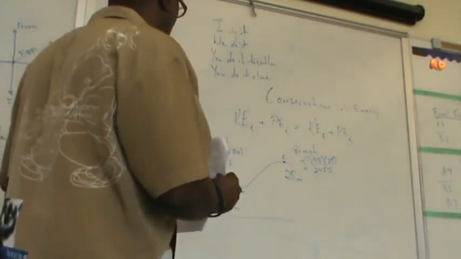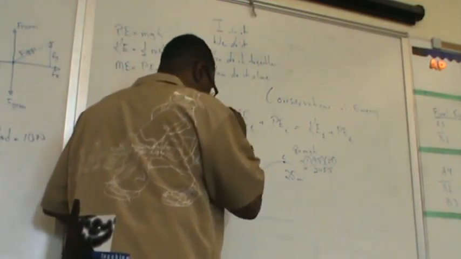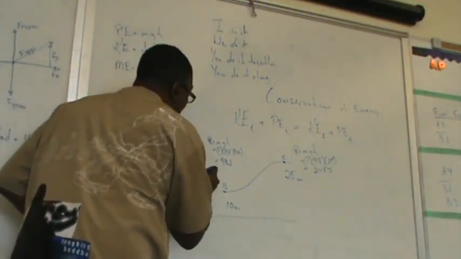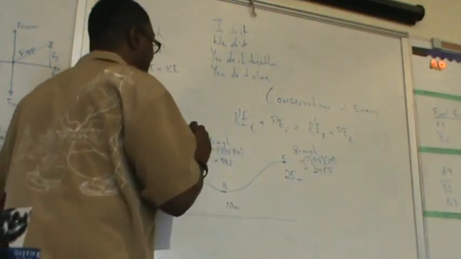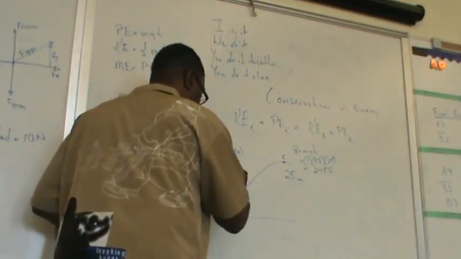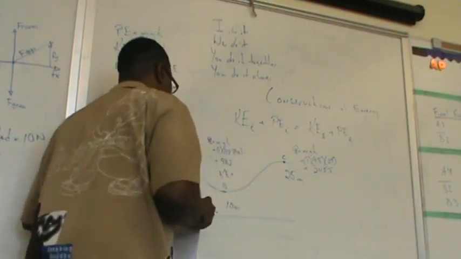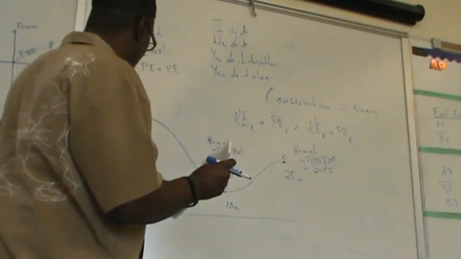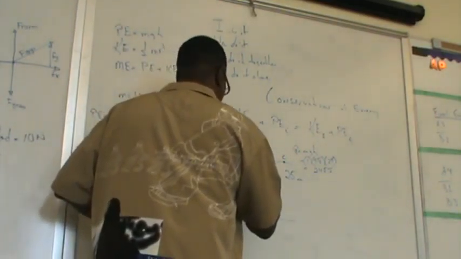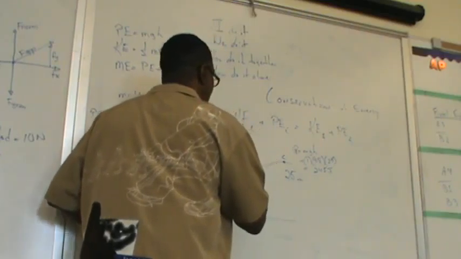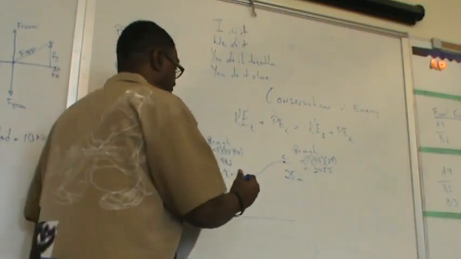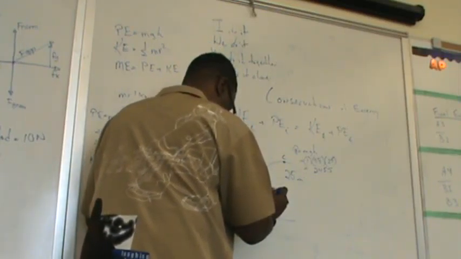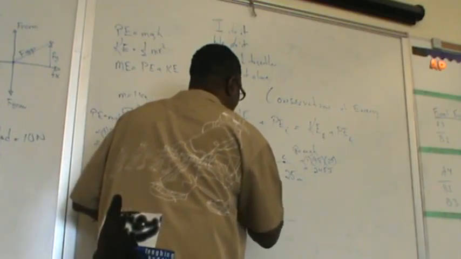Okay, so for point B, being that the object went down the slope down here at point B, the kinetic energy is equal to the initial potential energy, which is 294, minus the potential energy at that point, which is 98, which equals 196 joules.